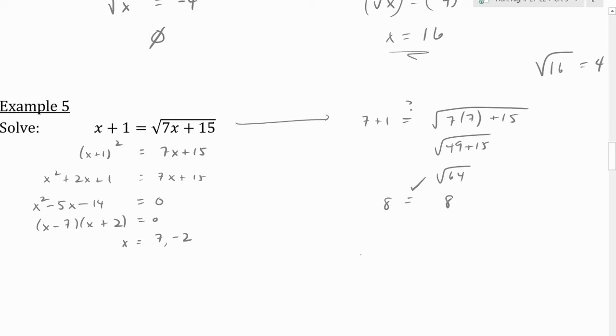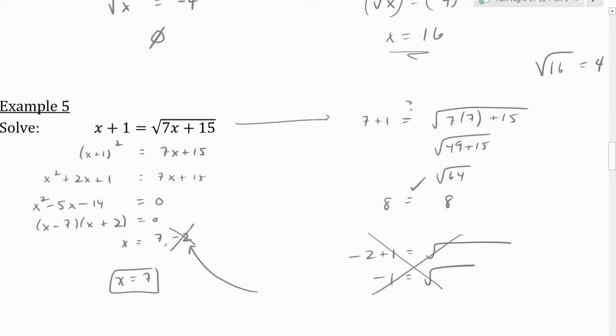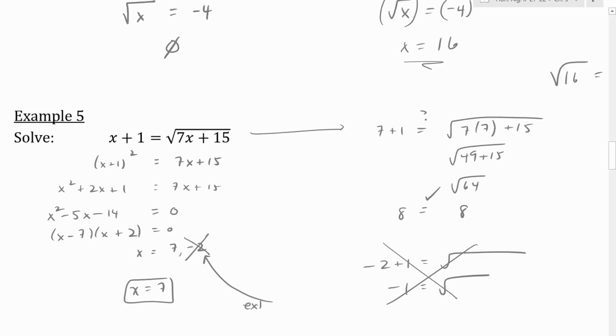If I put -2 in there, all right, I'm going to speed this up. A principal square root cannot equal -1. So I'm going to throw that out and say x is 7, which what we do is the solutions that show up algebraically that aren't actually solutions, we call those extraneous roots or extraneous solutions. Extraneous, like they're just the extras.